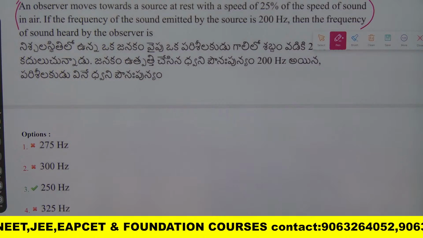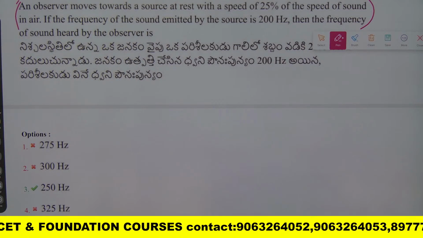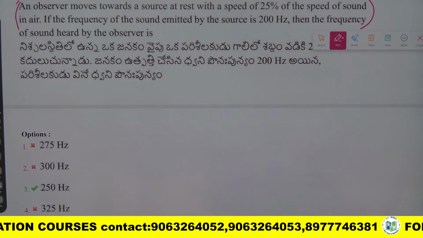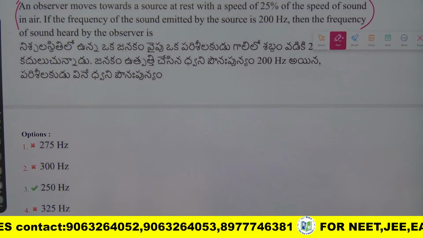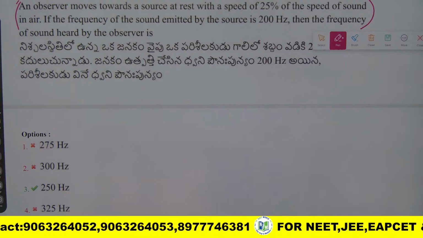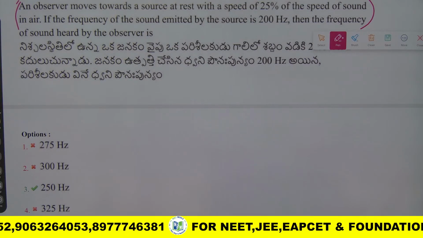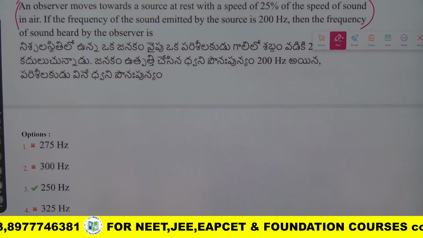If the frequency of the sound emitted by the source is 200 Hz, then what is the frequency of sound heard by the observer? For this, the direct formula is there. Take a look at the question carefully.